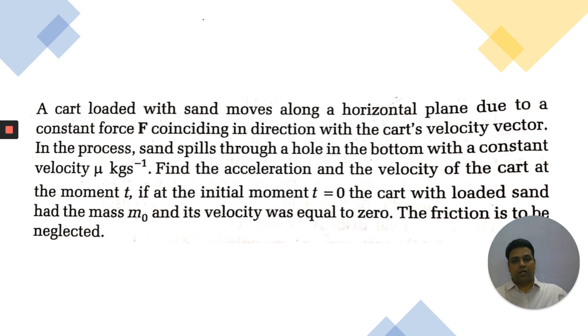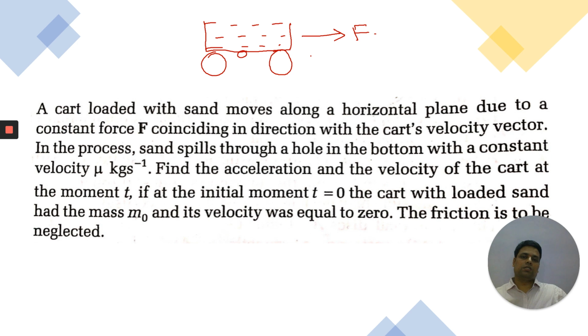So you can visualize a diagram with the cart having a hole at the bottom, and the cart is pulled with some force. This is a loaded cart. Now this cart at some instant t has some velocity v. When the cart is having v, the unloading sand coming out also will have v, which implies that v relative will become 0.